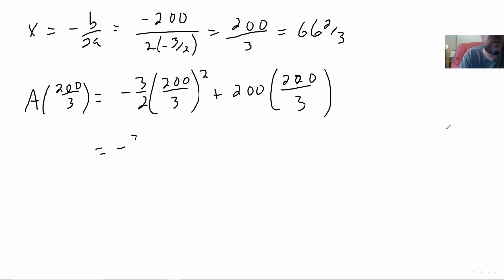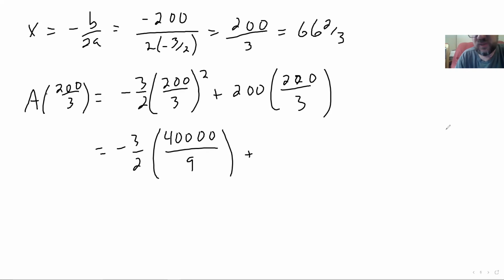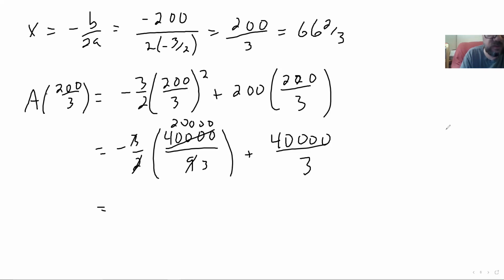So this is going to be minus 3 over 2 times 40,000 over 9 plus 40,000 over 3. So the 3 and the 9 cancel, leaving me a 3 there, and the 2 and the 40,000 cancel, leaving me a 20,000 there. So I have minus 20,000 over 3 plus 40,000 over 3, which is 20,000 over 3.